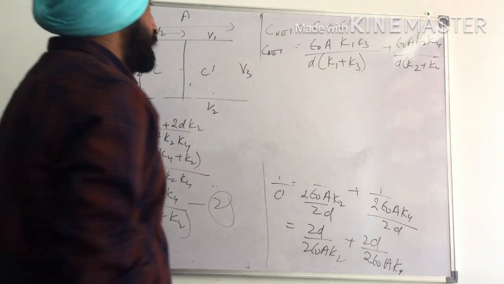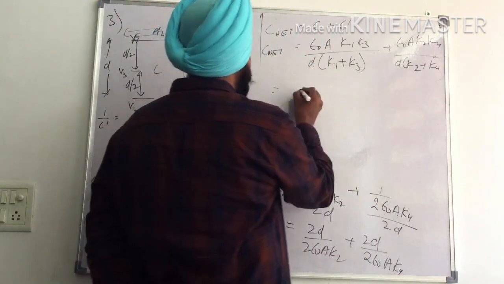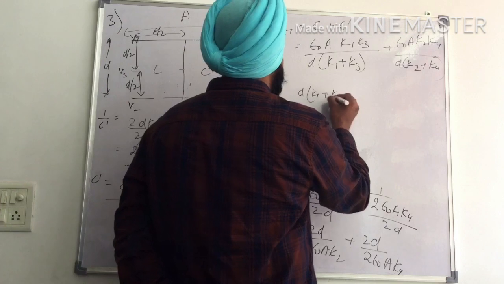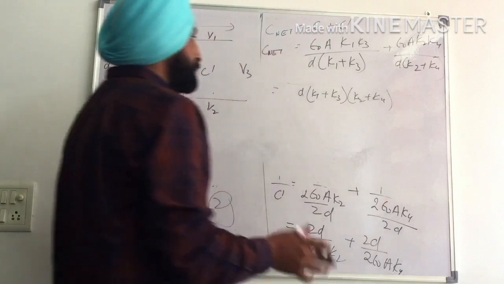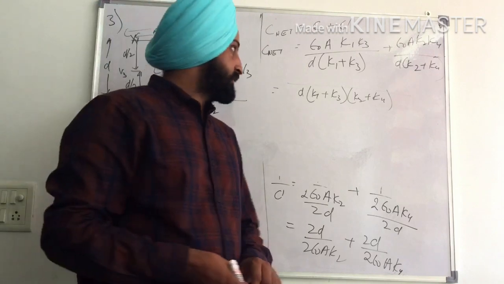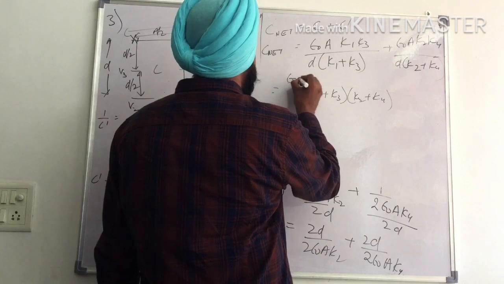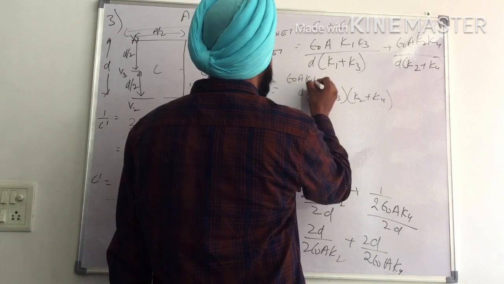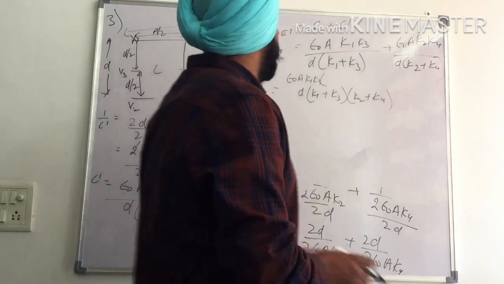We can further take LCM over here for our simplification. So our LCM will be D into K1 plus K3 into K2 plus K4. See, this simplification depends upon your answer. If this is an MCQ question, then it depends upon your answer, up to which point you have to solve it. So it will be epsilon naught A K1 K3. You can also take epsilon naught A common from here.